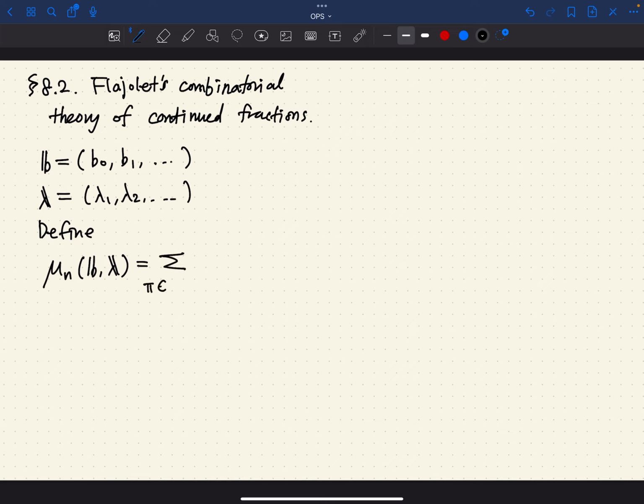So pi is a Motzkin path of length n from level 0 to level 0, and the weight in the usual sense, but just to emphasize that we have b's and lambdas, I'm going to emphasize b and lambda there, because we will change b and lambda in this chapter.